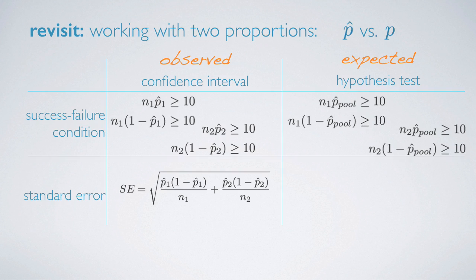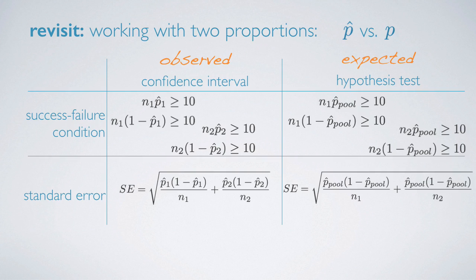The reason why we're making this distinction once again is that in a hypothesis test, we must assume that the null hypothesis is true. And when we're doing a hypothesis test for comparing two proportions, our null hypothesis states that the two proportions are equal to each other. So we're going to use this value of the pooled proportion to say this is the value they're equal to and use that as the truth in going through the hypothesis test.